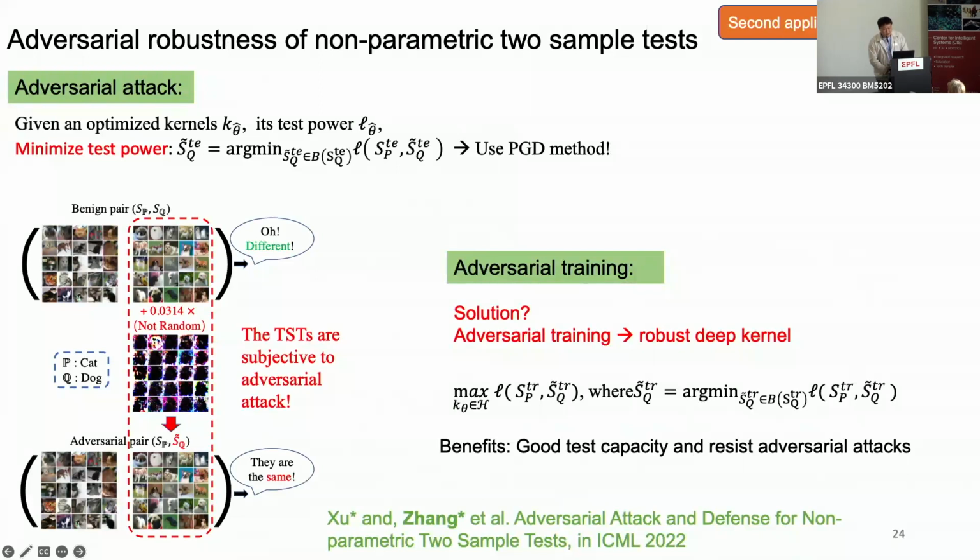Yes, the standard kernels used by the previous research and methods are not robust against the adversarial attacks we designed. Then we show this phenomenon, and then we provide the very first solution to train robust kernels. Then they can resist attacks. So maybe I'll catch up with you at the poster session and talk a little bit more. Sure. Any questions? Oh, yeah.